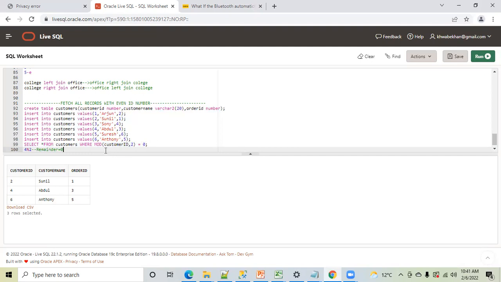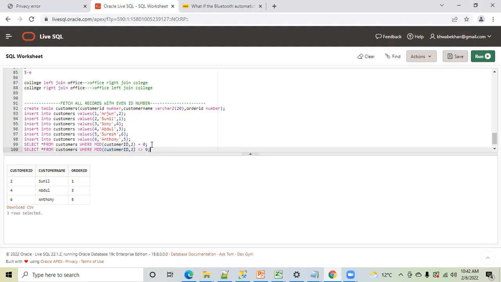So that is the function of mod. It will give you a remainder. I am telling you to divide customer ID by 2, but the remainder should be 0, and that happens only with even numbers. Now if I write not equal to 0, I am telling it to divide customer ID by 2, but the remainder should not be 0.